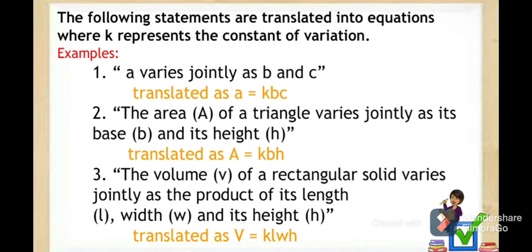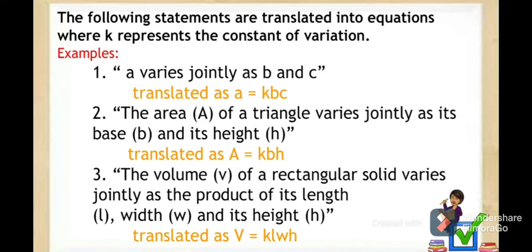To translate the following statement into a mathematical sentence, we have A varies jointly as B and C. Again, we write A on the left-hand side of the equation is equal to k, because varies jointly is like a direct variation.